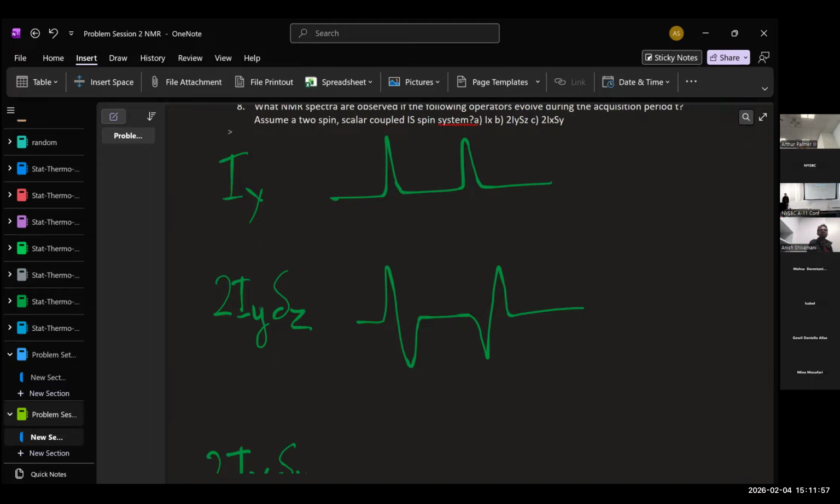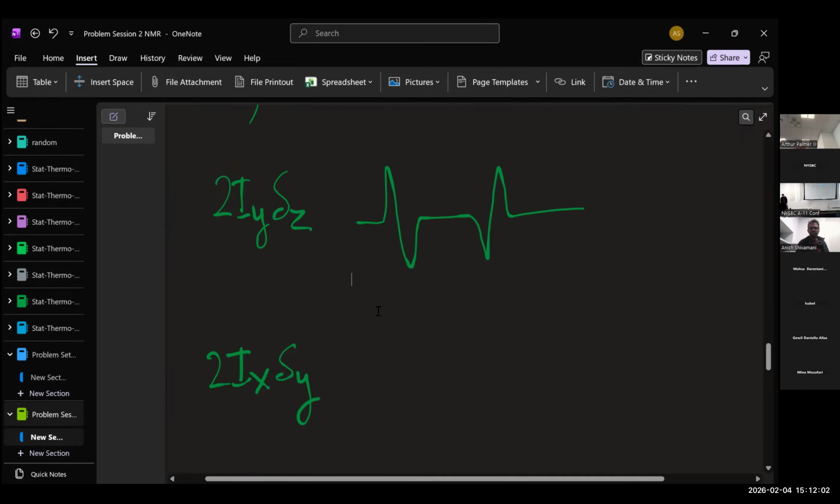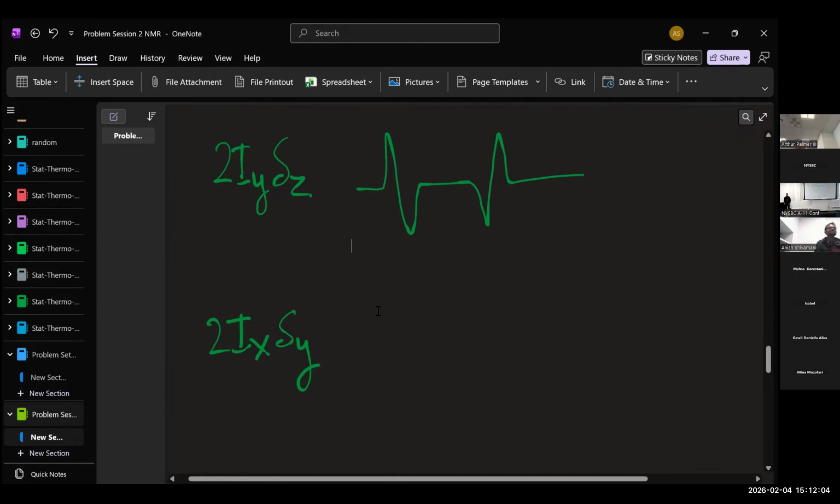And again, it'll turn out, for example, in the COSY experiment, the diagonal peaks are IX and the cross peaks are IY. So you can decide whether you want the diagonal peaks to be phased absorptive, in which case the cross peaks are dispersive, or you can phase the cross peaks to absorptive, in which case the diagonal is dispersive.